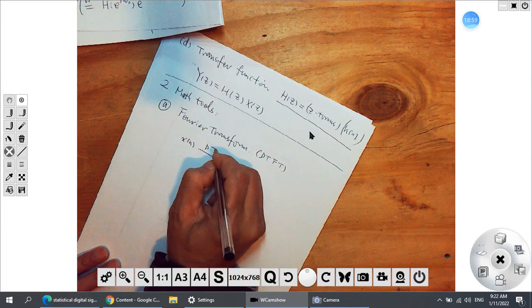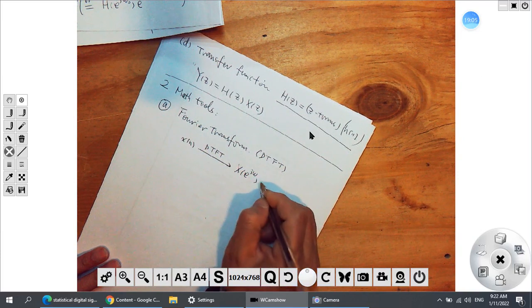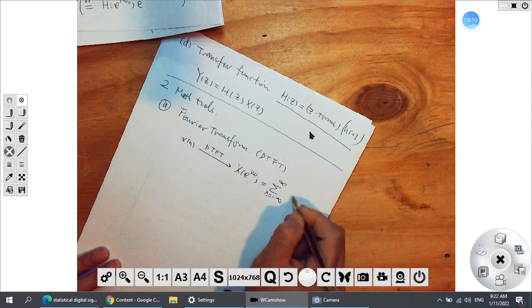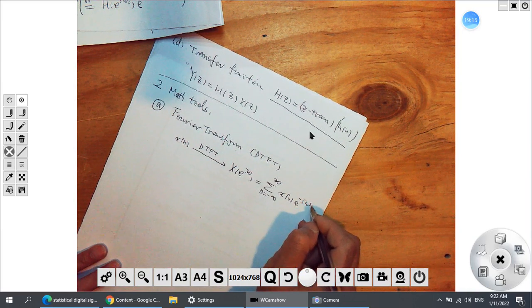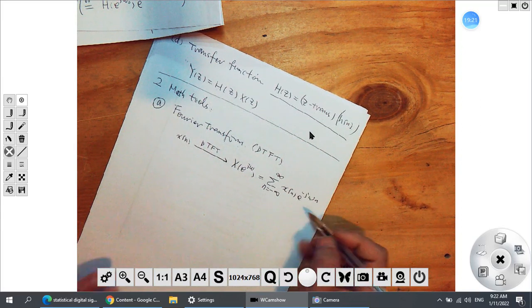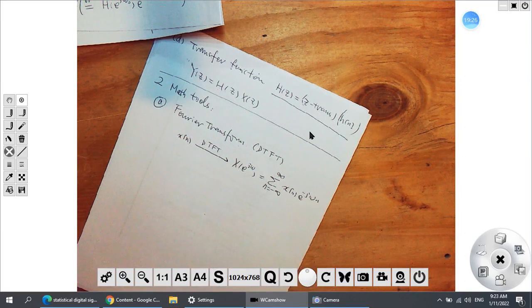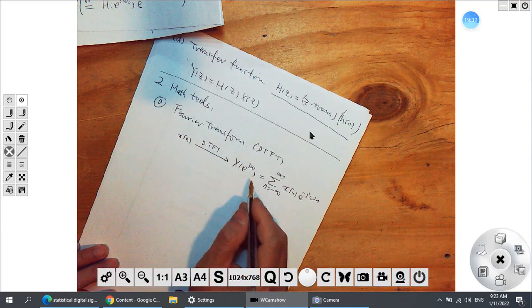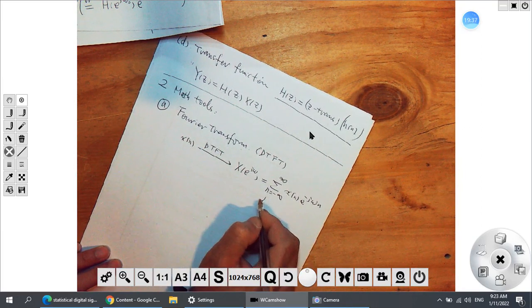By DTFT, you will have capital X of e to the j omega, which is defined as a summation, n running from negative to positive infinity, of x of n times e to the negative j omega n. It's like this, DTFT. Usually you have infinite terms, so this is a summation with a lot of terms. It's hard to calculate, so in most cases we use a table. When you want to find this, you use a table. Yeah. And we can go back.